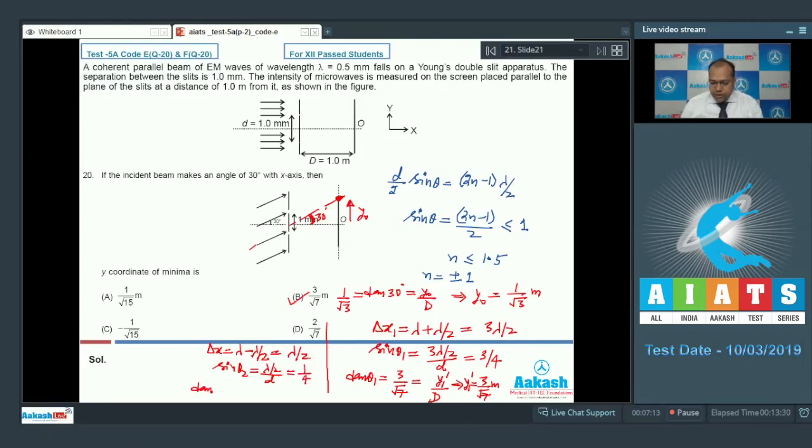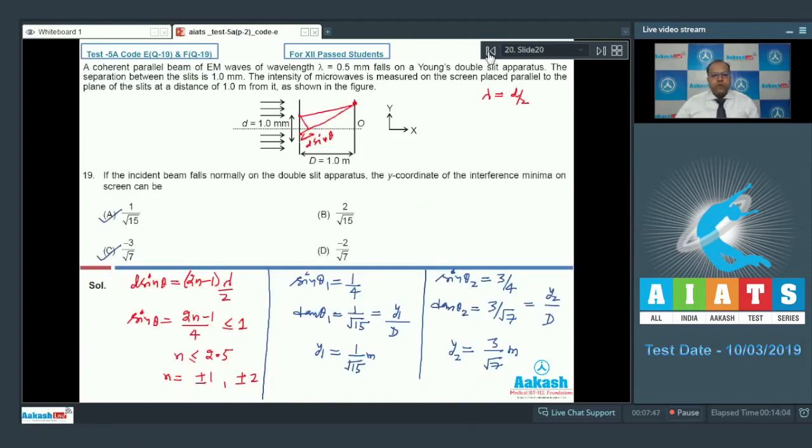So in that case, tan theta 2 can be written as 1 by root 15, and this is equal to the second position of minima y2 dash divided by capital D. So y2 dash comes out to be d divided by root 15. The value of d is 1, so 1 by root 15 meter. So option A is also correct. So the correct answer for question number 20 is option A and B.